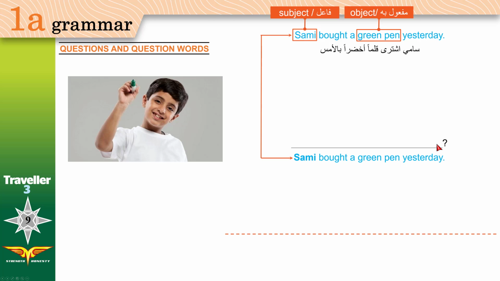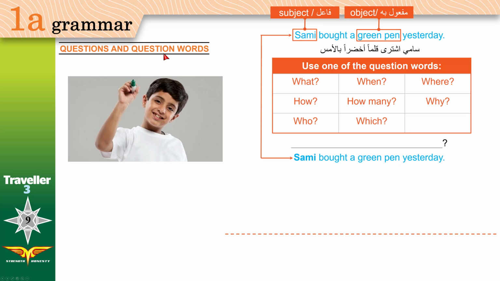To ask a question, we need a question word, one of these question words. We can use what to ask about things. We can use when to ask about the time, where to ask about the place, how to ask about the manner, how many to ask about the number or the amount.